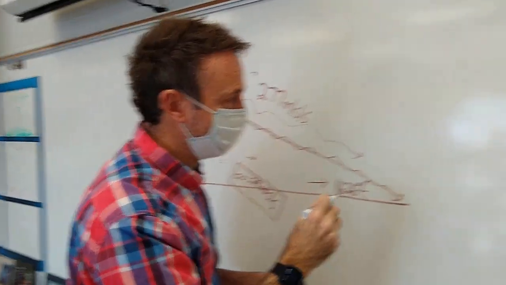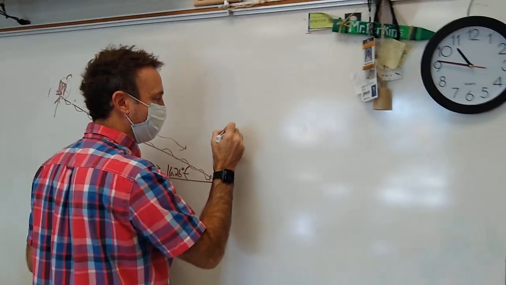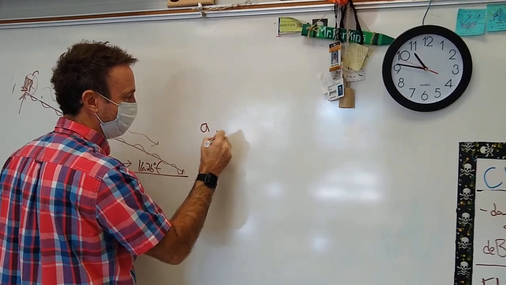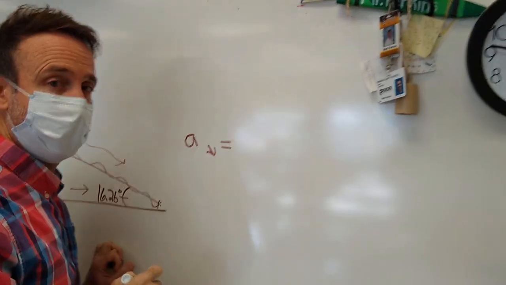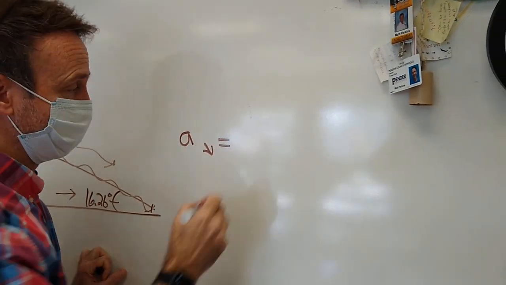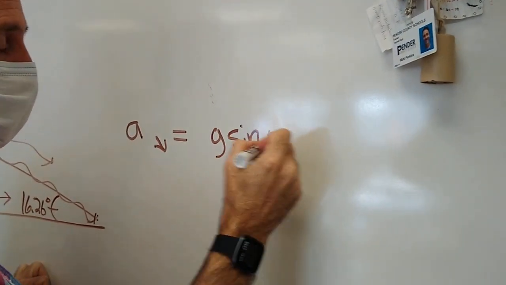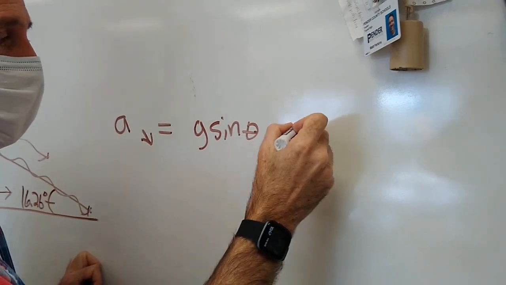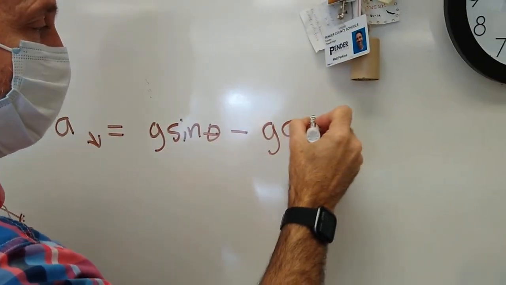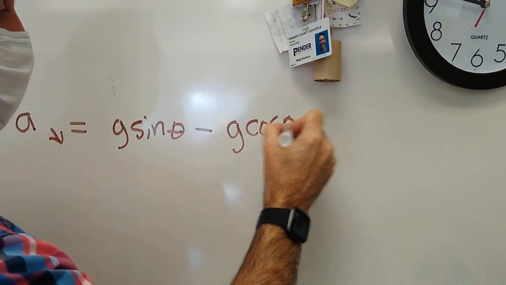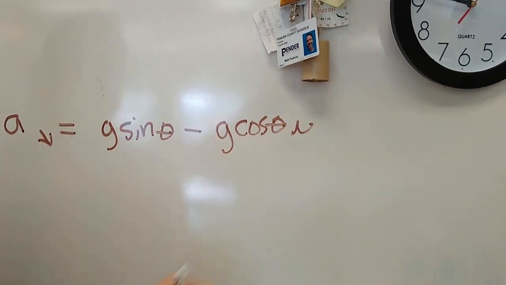This is how we can do it. The actual acceleration down the ramp is equal to, and this is a formula that you're just going to have to learn, gravity times the sine of the angle minus gravity times the cosine of the angle times friction.